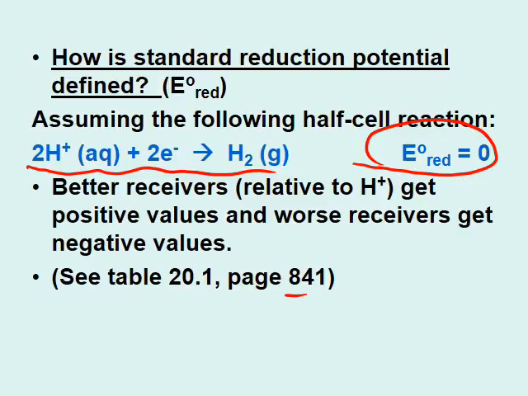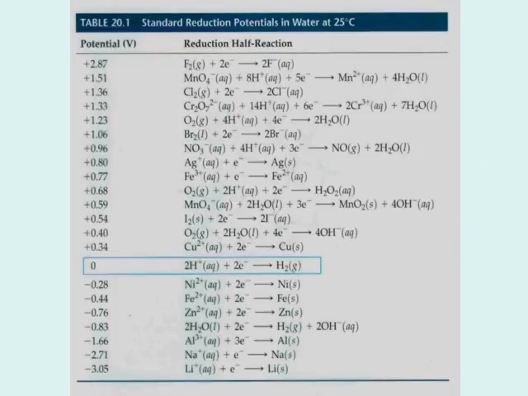I'm going to show you that table too. This is the table I was referring to. If you look at the first number, 2.87, and if you look at the right hand side, these are all reduction reactions given. And this whole table is based on reduction reactions. And look here, hydrogen has zero, because that's the assumption that every number is in comparison with the H+ electrode.